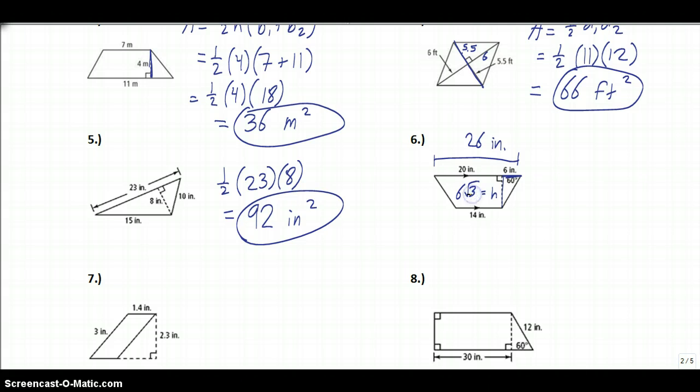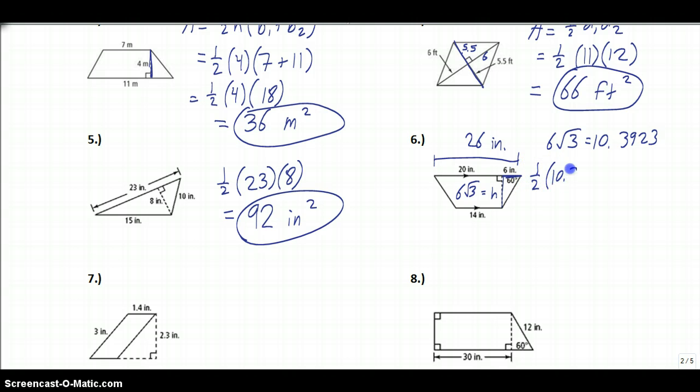So it would be 6 square root of 3. But I told you, you don't really need to know the radicals. You can just convert that to a decimal. Quick punch in your calculator gives you 6 times the square root of 3 equals 10.3923. Use 4 decimal places. That'll make it as accurate as possible.